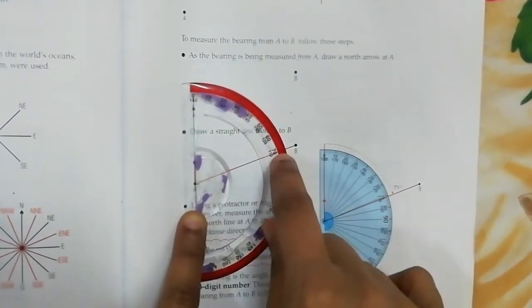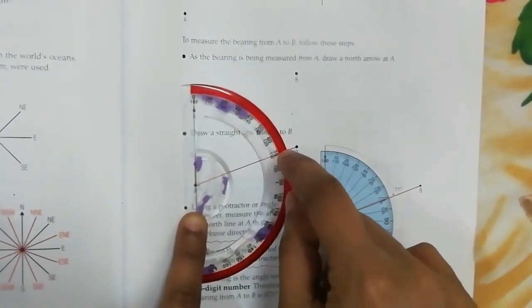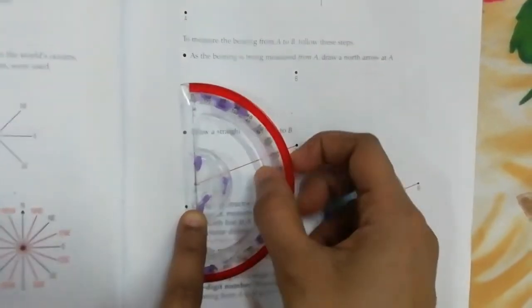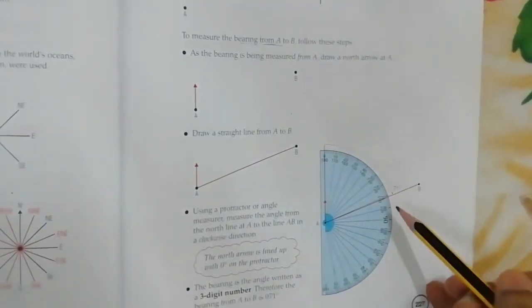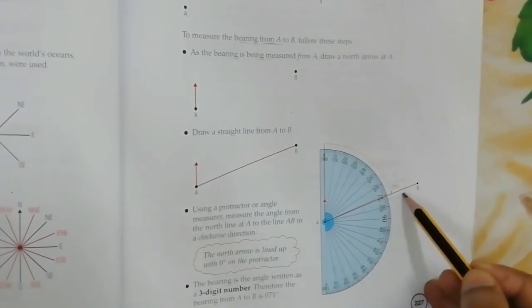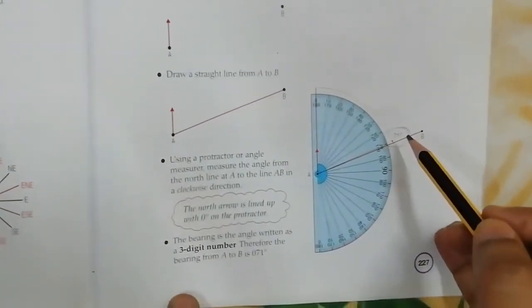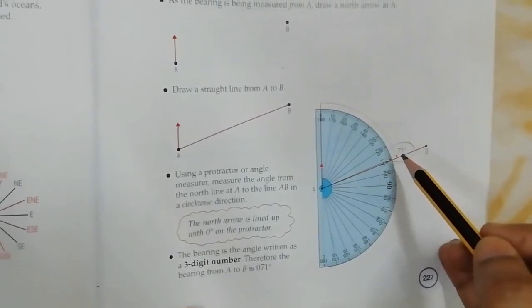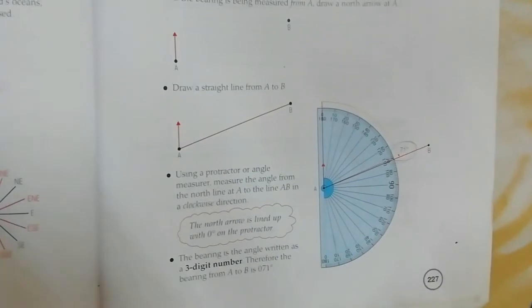So 71 degrees will be the bearing from A to B. This is a worked example, and this is the format for measuring the bearing.